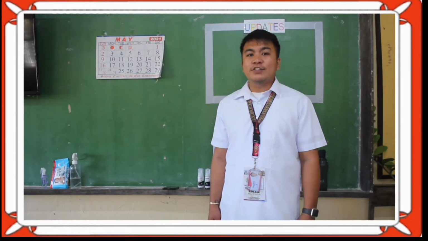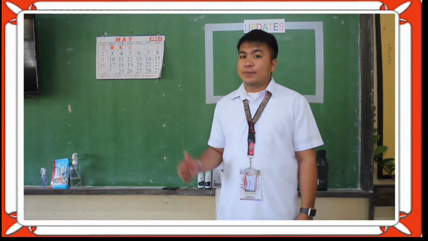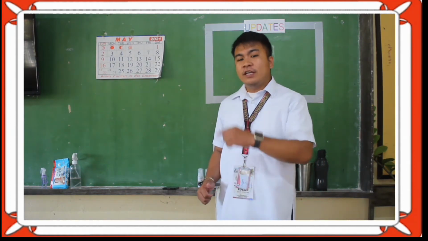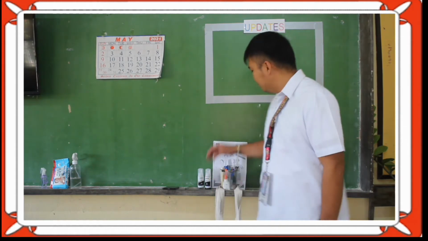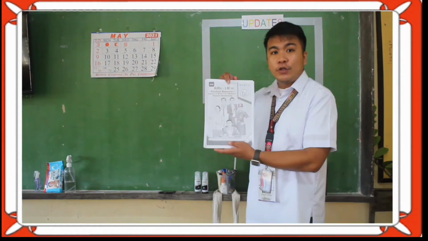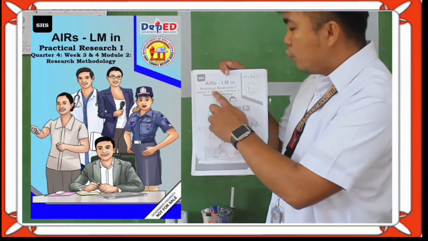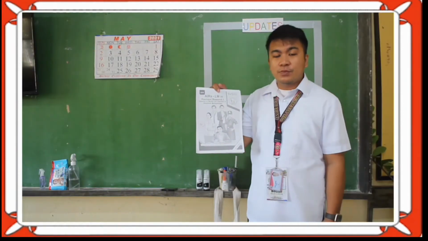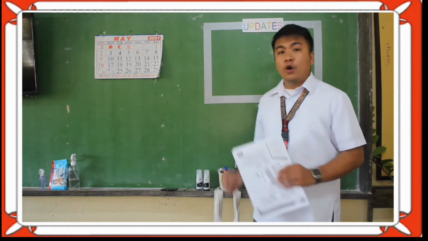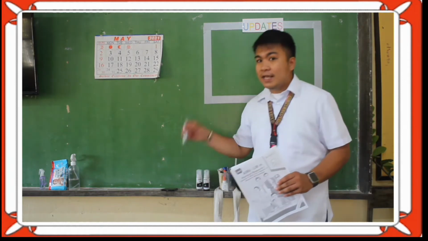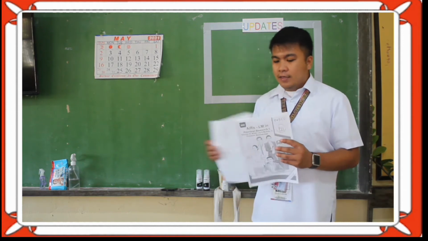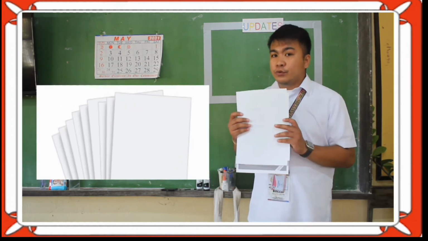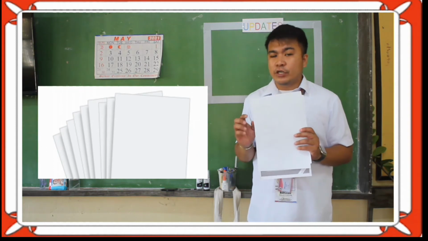Now that we have finished praying, it is time to prepare the materials that you need for our lesson. What are those? You need your module, Module 2, Research Methodology. You also need, of course, a pen. You may need also a paper to write down important information.